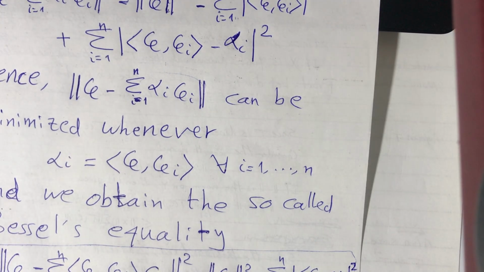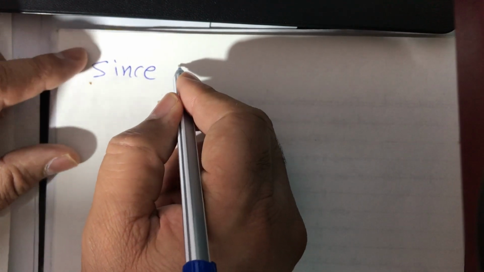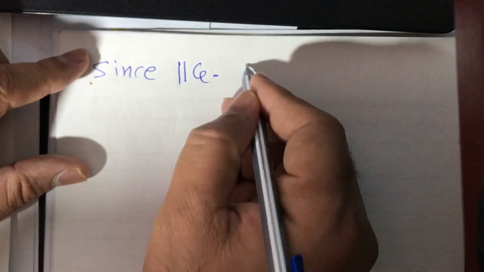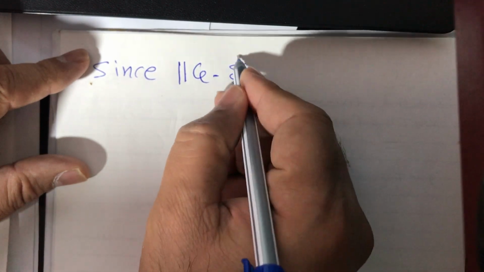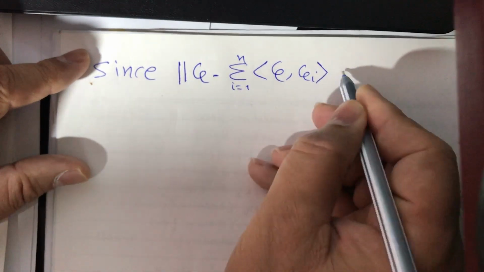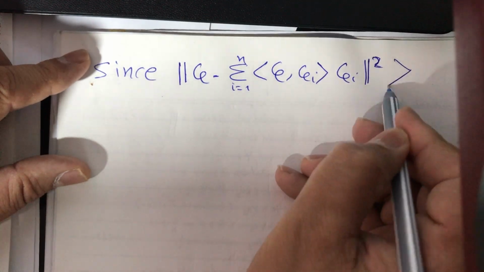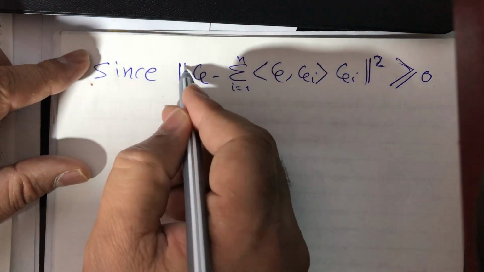This is page number 3. And since the norm of phi minus the summation i from 1 to n of the inner product times phi i, squared, is greater than or equal to 0, this is positive because it is a norm.